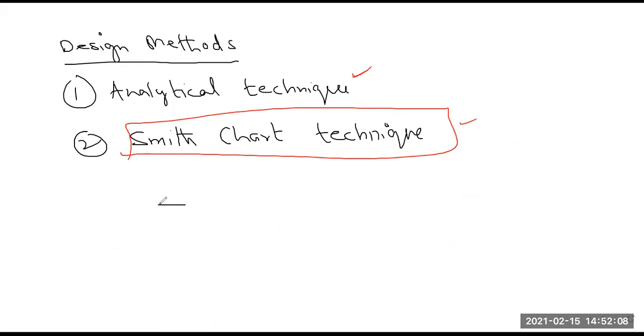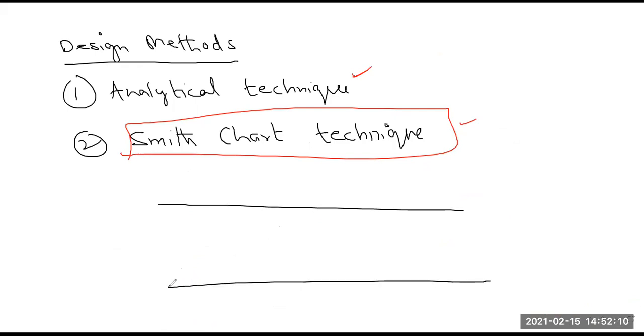Let's consider this situation. We have this problem that our system Z naught is not matched with our load, and we are going to rectify this problem with the help of a stub.